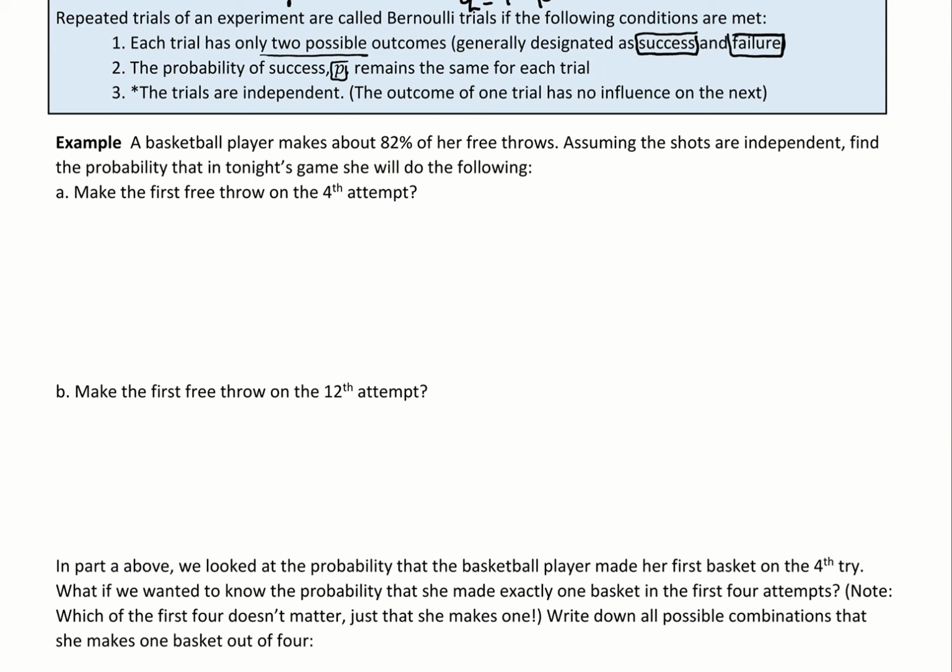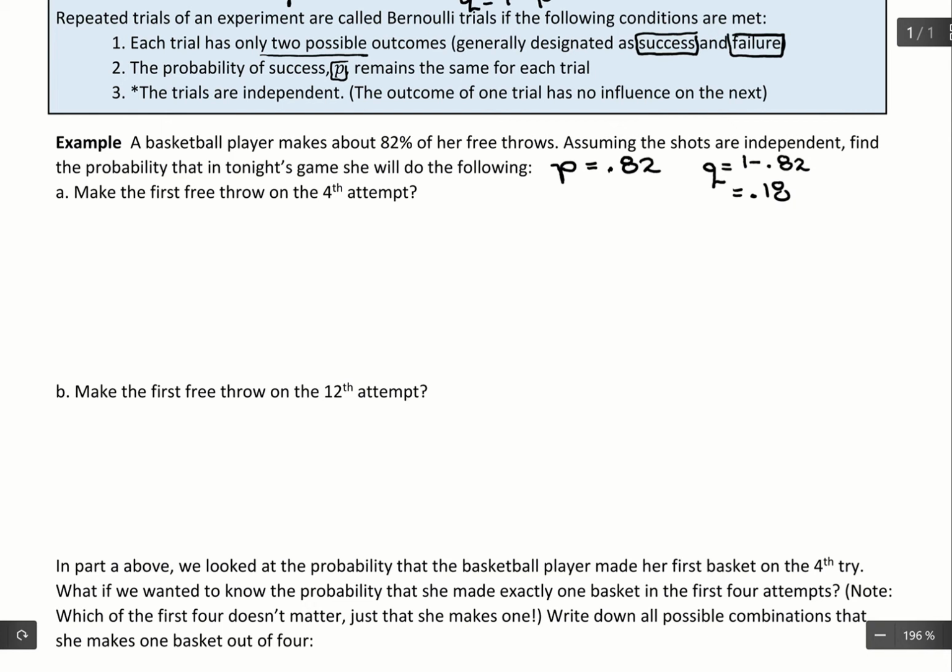So we have this basketball player, and they make about 82% of their free throws. We're going to be looking for this basketball player making free throws. So this right here is our probability of success. We have this 82% probability of success. And if that's our probability of success, you can find the probability of failure by taking 1 minus that 0.82, which is 0.18.